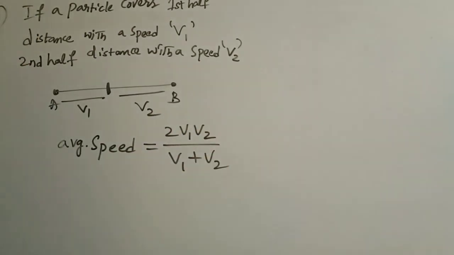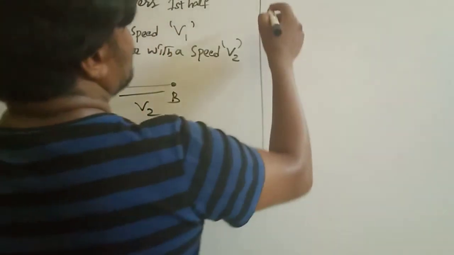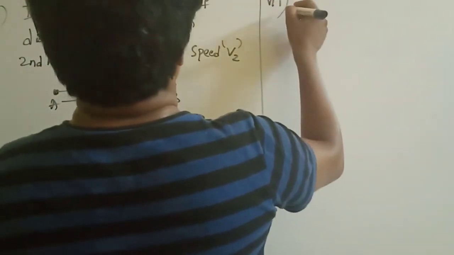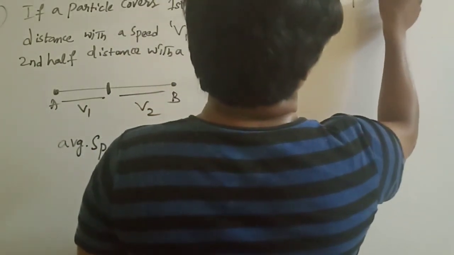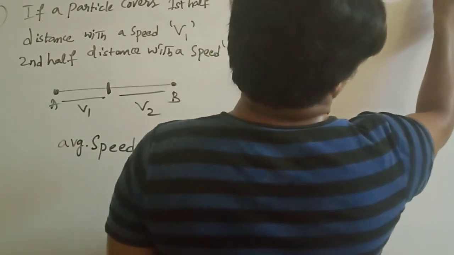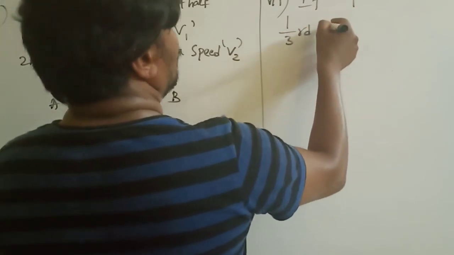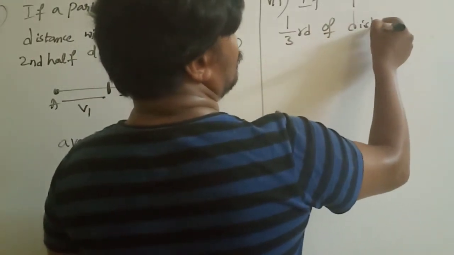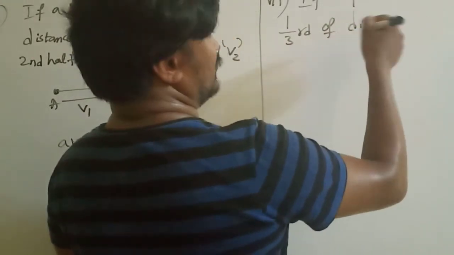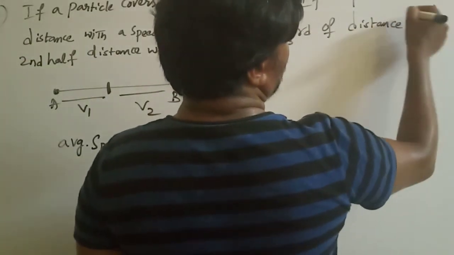Remember, this is a very important formula. If it is divided into three parts, that means your 7th point, which you need to remember: if a particle covers 1/3 of distance with the speed v1.